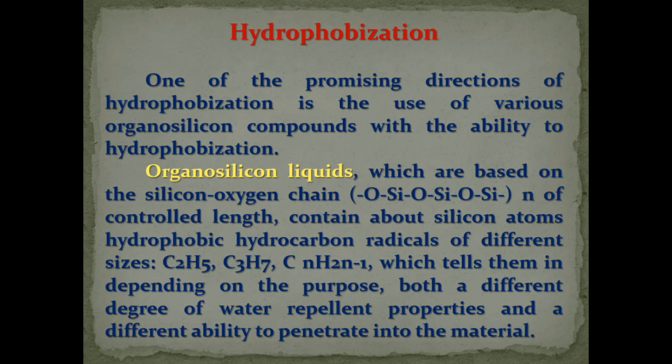Organosilicon liquids, which are based on the silicon-oxygen chain of controlled length, contain silicon atoms, hydrocarbon radicals of different size, C2H5, C3H7, CnH2n+1, which gives them, depending on the purpose, both a different degree of water repellent properties and a different ability to penetrate into the material.